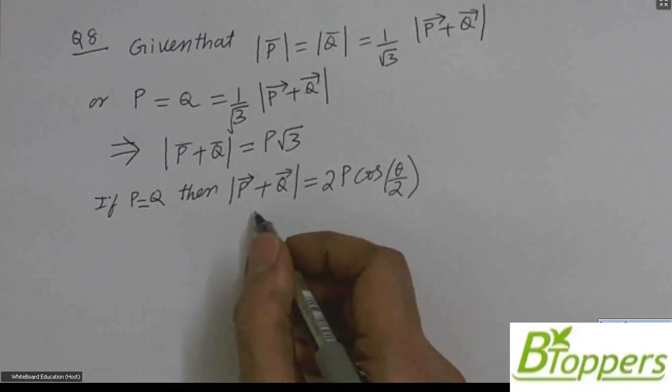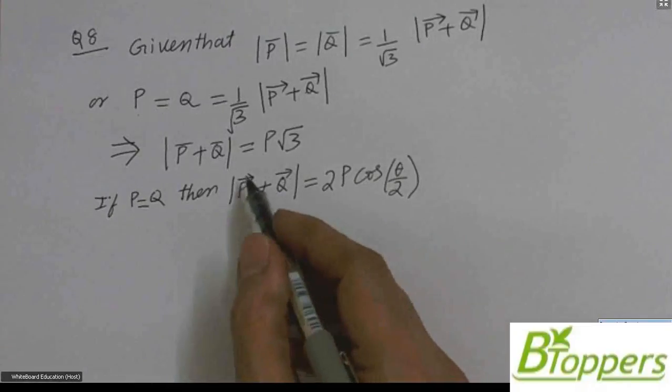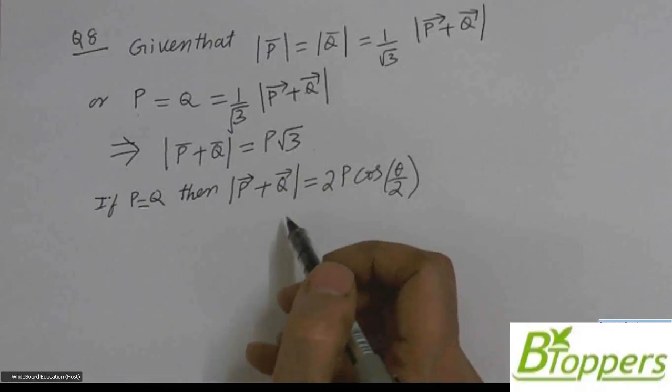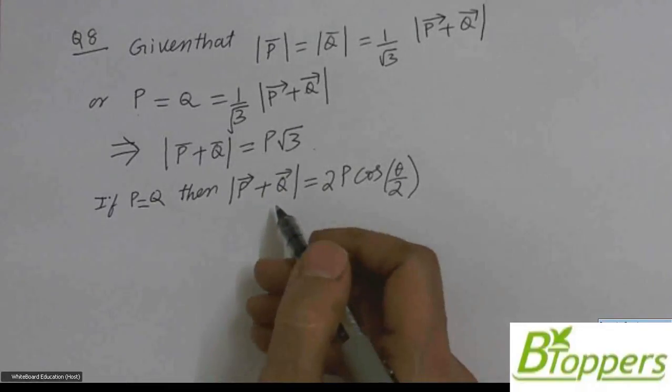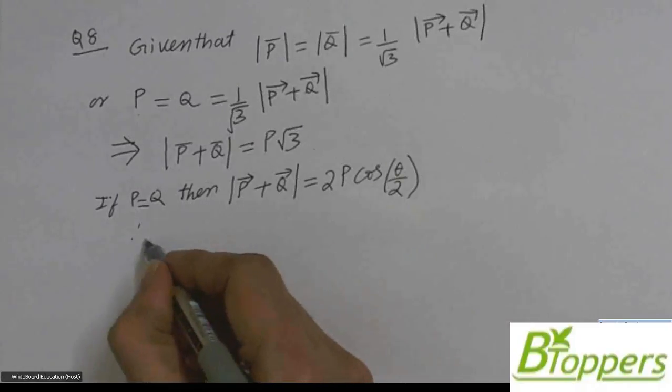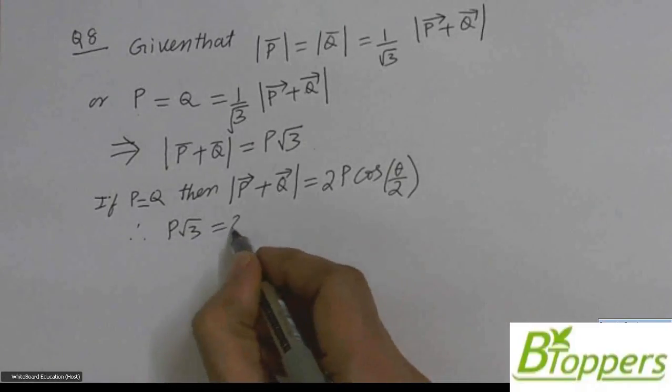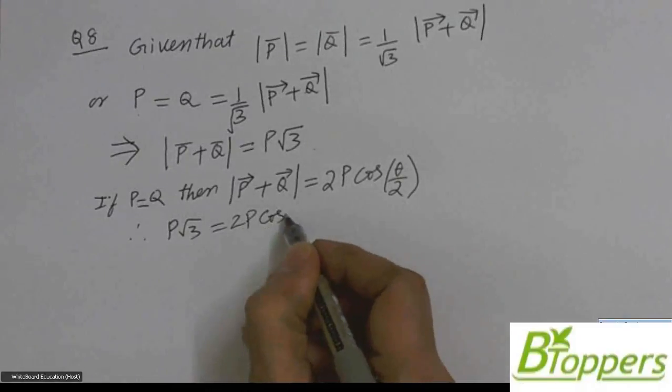So on the left hand side, you can substitute magnitude of resultant of P bar and Q bar equal to P root 3. Therefore, P root 3 equal to 2P cos theta by 2.